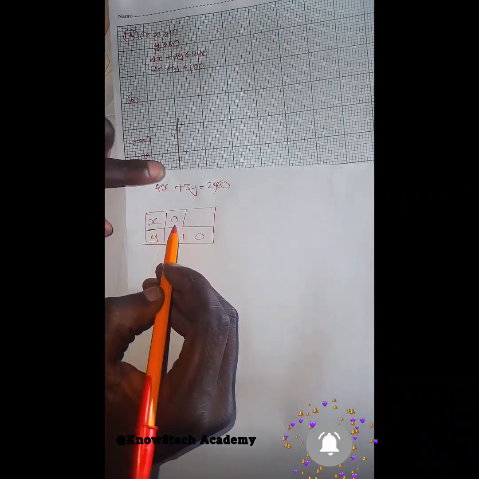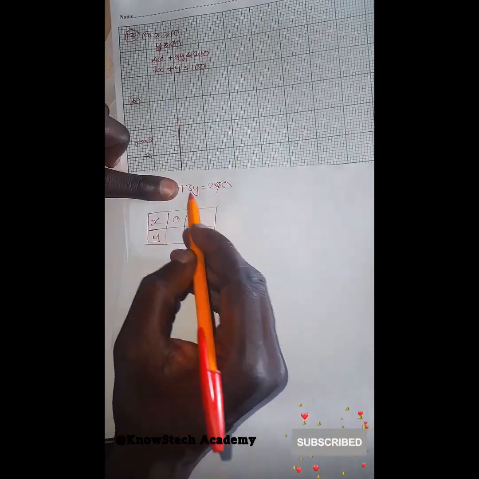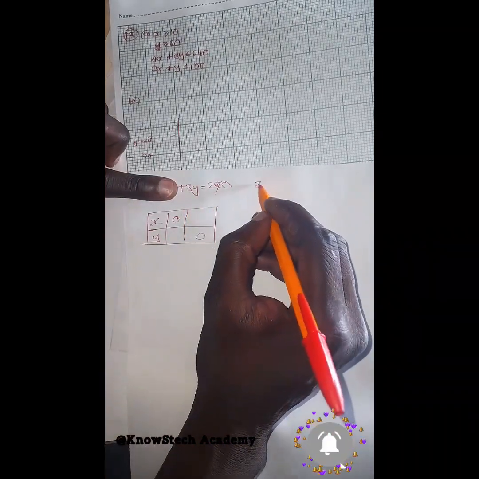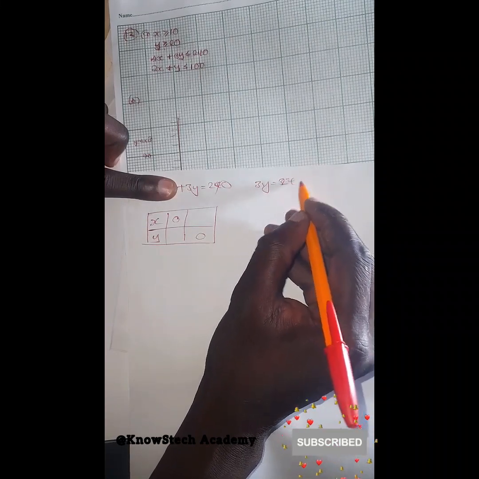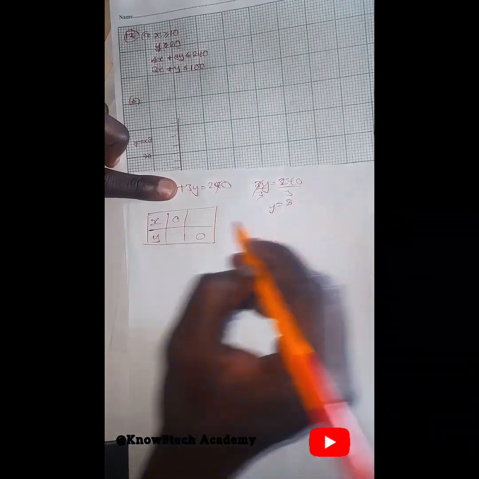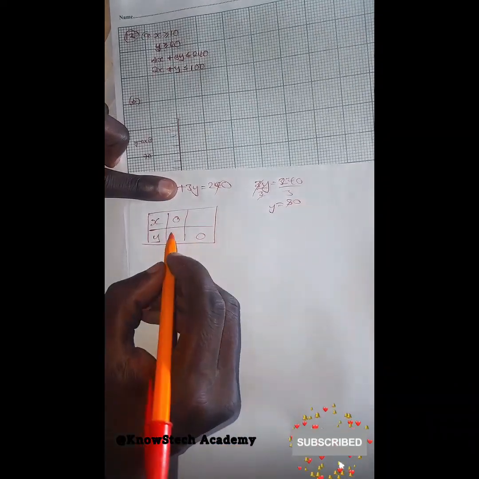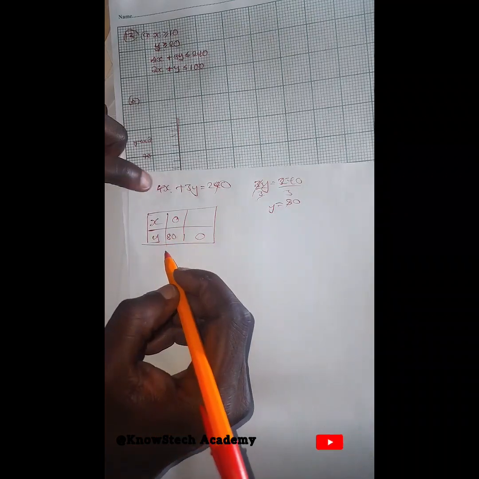So when x is 0, what will be the value of y? We divide 240 by 3, so y will be equal to 80. All right, 80.